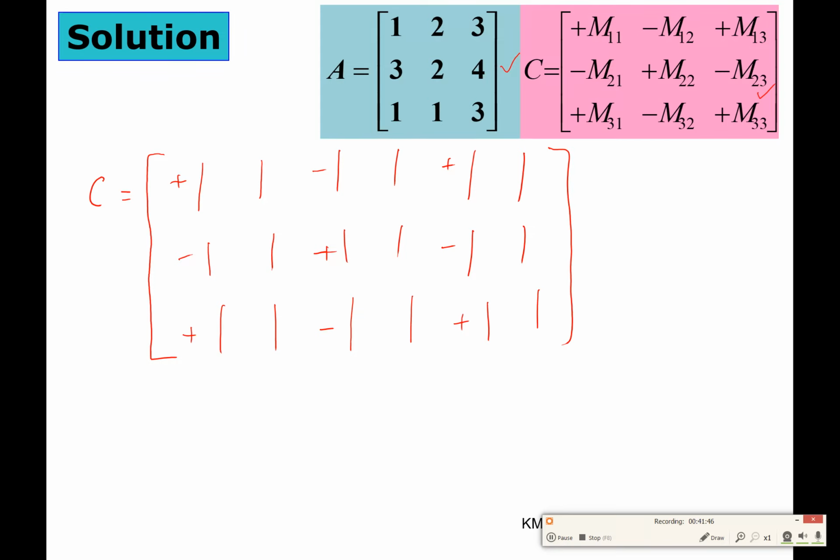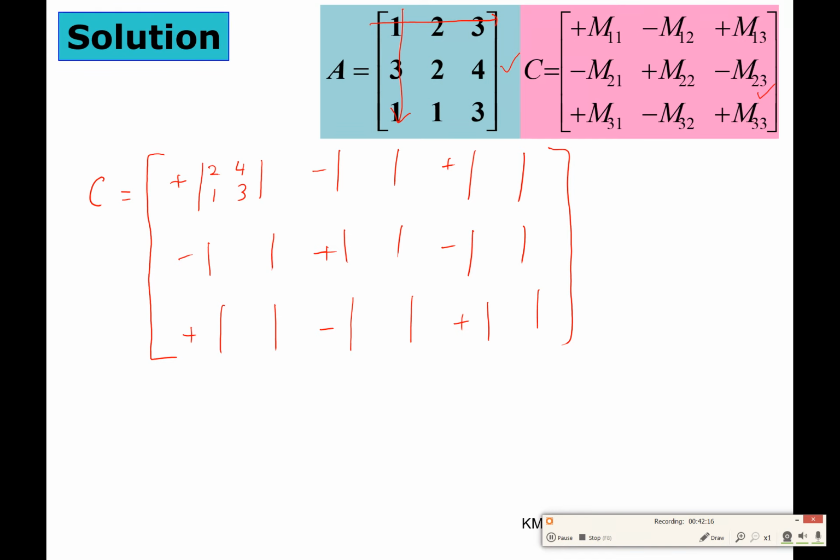So from here, we just fill in. Here we check entry 1, 1, which means you read from here and here. So we get 2, 4, 1, 3, and you continue for the others, just repeating the same process.